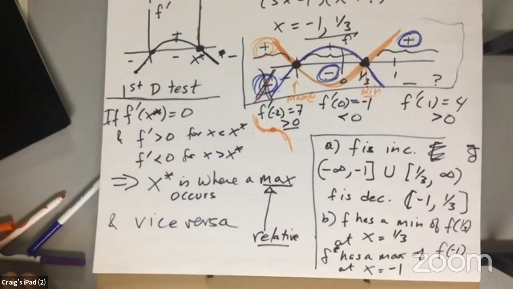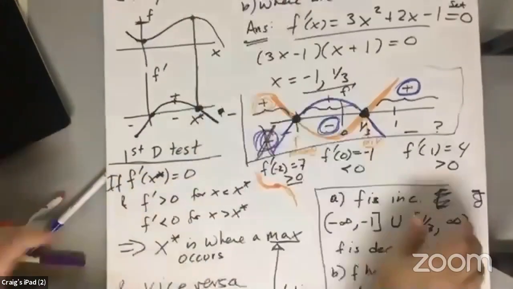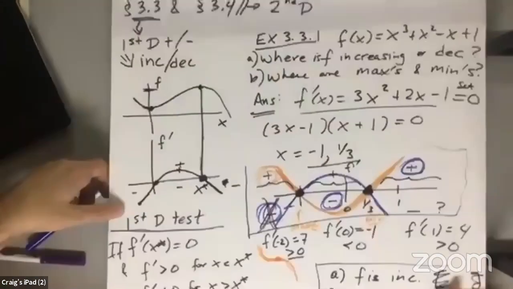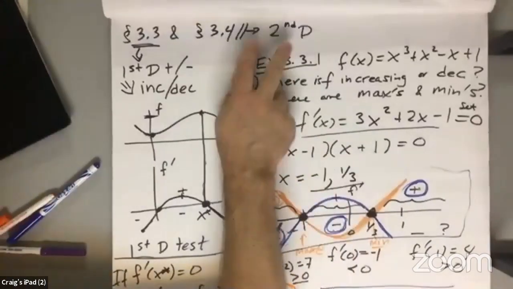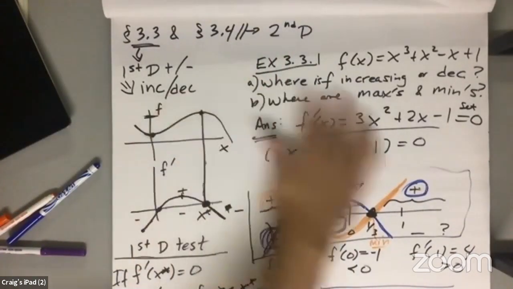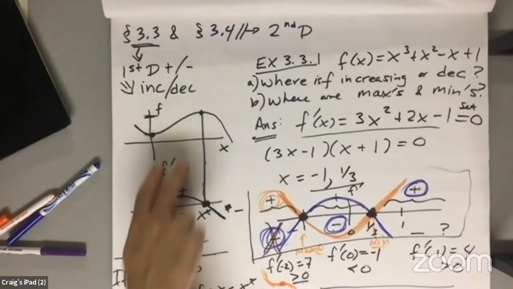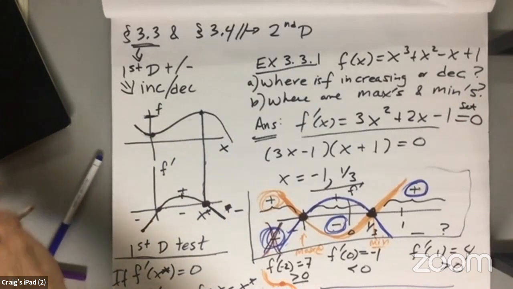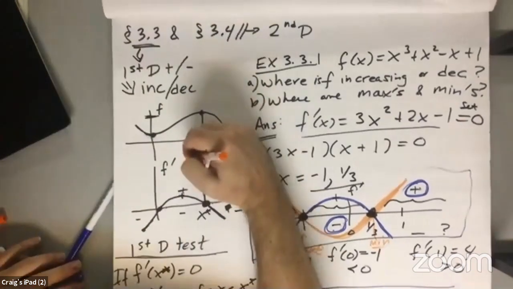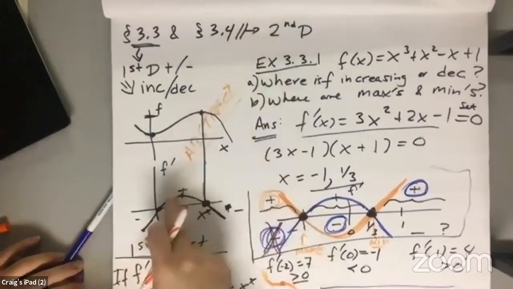Okay, so now we're going into 3.4, the second derivative test. Let's jump there, and I'm going to do the same sort of thing. This is basically the abstract thinking right here.